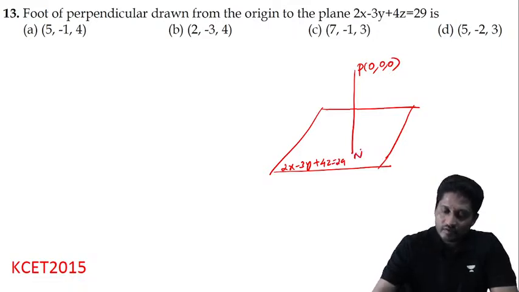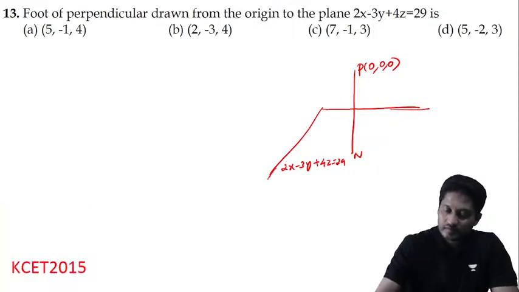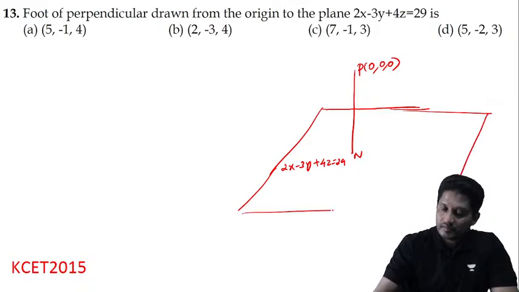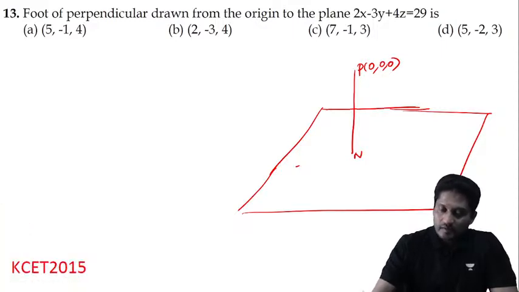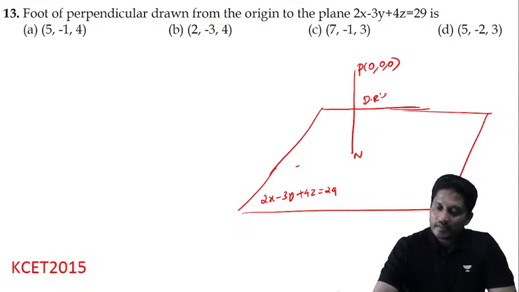Right, this is N, this is the foot of the perpendicular. Plane 2x minus 3y plus 4z is equal to 29. Direction ratios normal to the plane: 2, -3 and 4.